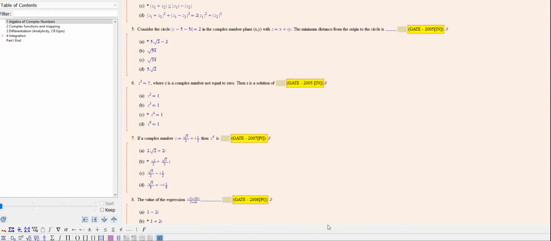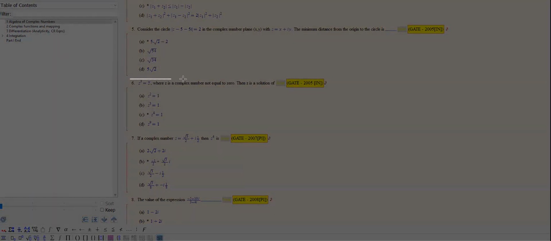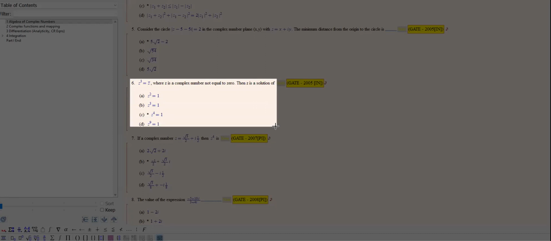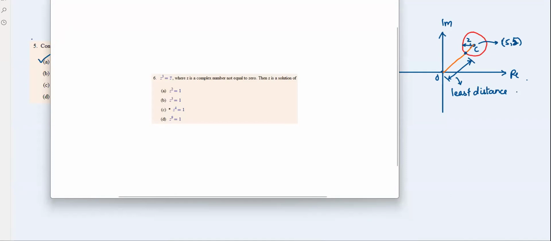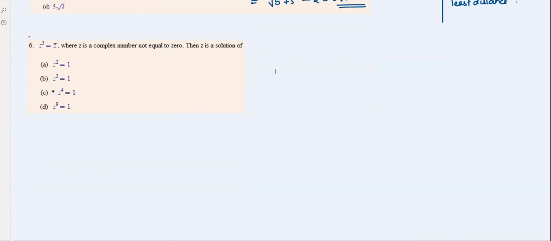Okay, the solution of a complex number. Where z is a complex number not equal to 0, find the solution of z. So the solution of z, then z is a solution also of this one. Okay. So let us do this.